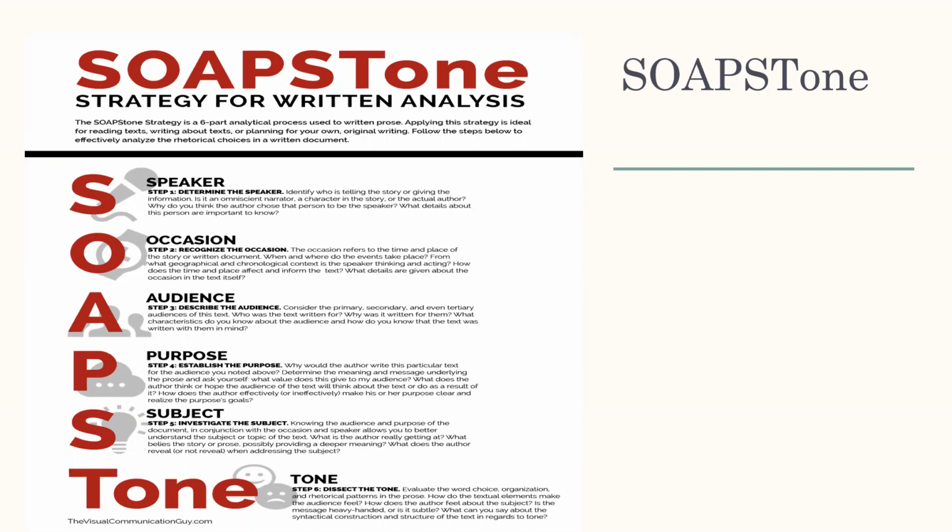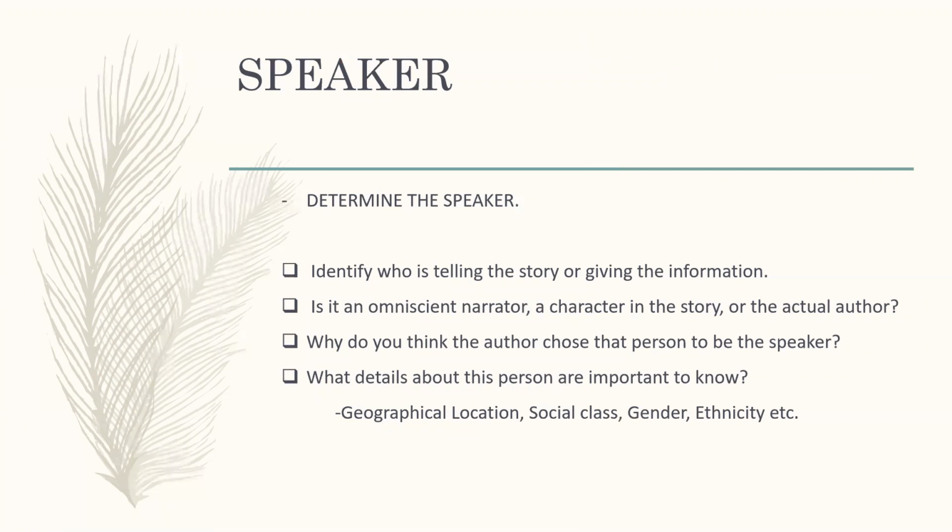So you can assume SOAPSTone is all about a text, all about the rhetorical situation. In the rhetorical situation and the rhetorical triangle, you already became familiar with speaker, audience, purpose, etc. Okay, so now I will go one by one.